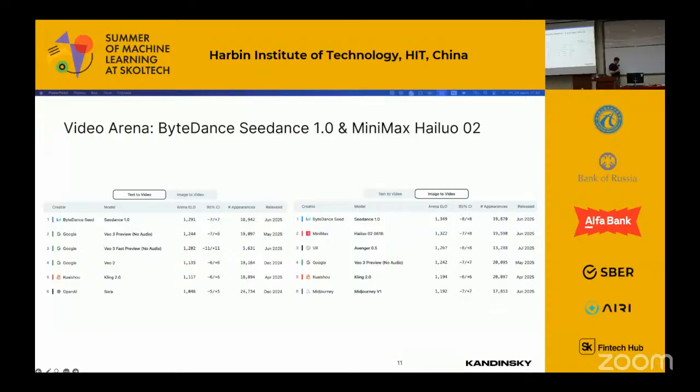For video, what is a good benchmark for video now? VBench 2.0, for example, is the latest one. It's better, but they all have their own pros and cons.